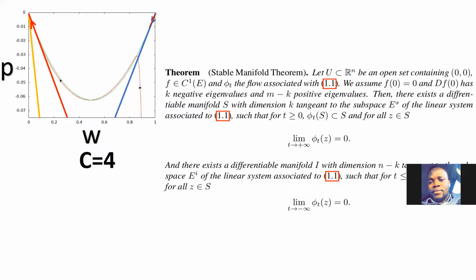And so it says what? It says that when t goes to minus infinity, the trajectory goes to the point 1, 0, because here my 0 represents the stationary point.